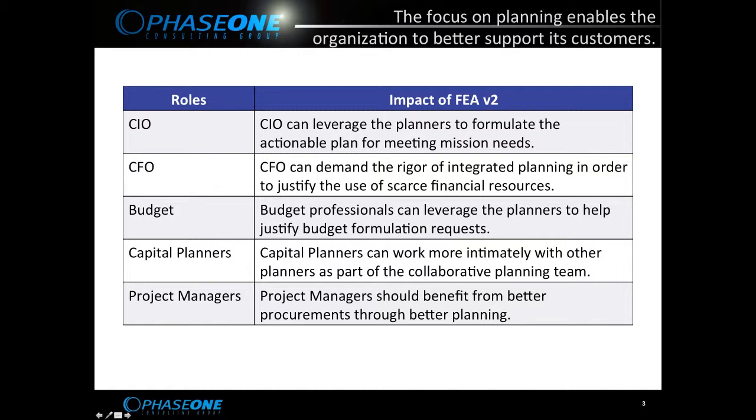But as we evolve the federal segment architecture methodology into the collaborative planning methodology, and we move more into a holistic integrated planning type of posture, we can see that we're really better positioned within our OCIO community to better deliver services directly into our mission customers.